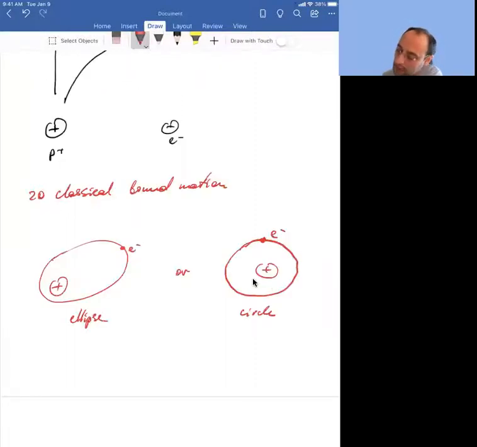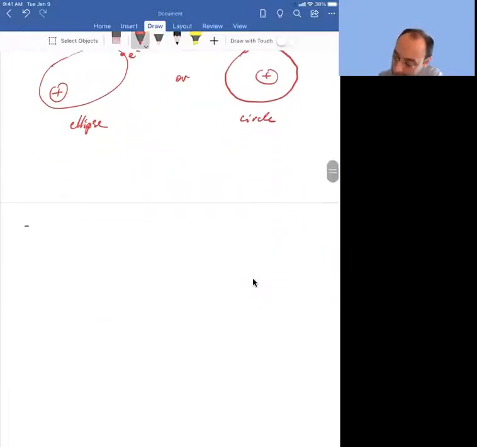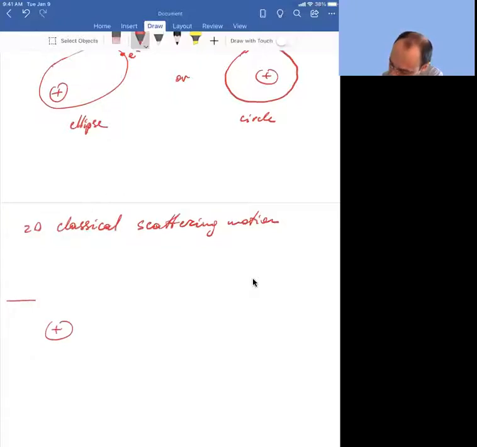So the 2D classical bound motion can be either ellipse or a circle, and 2D classical scattering motion is either hyperbola or parabola. So the way it works is that you have an electron coming from very far away, and it gets attracted and deflected, but it's not captured.